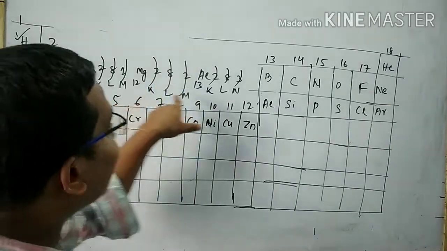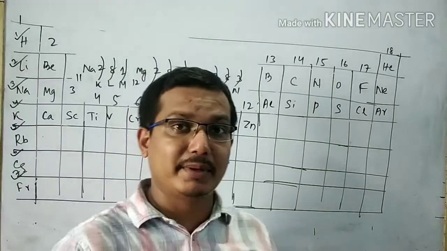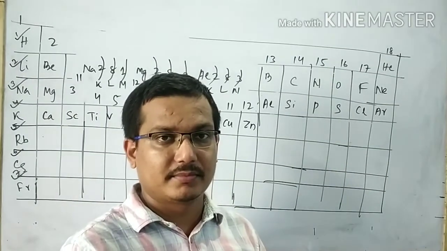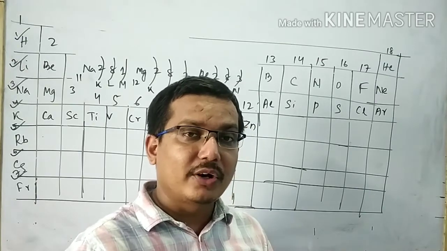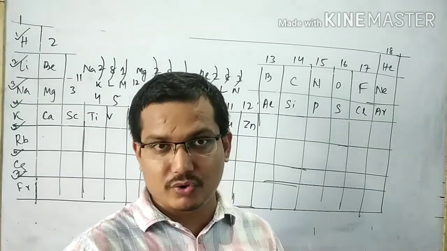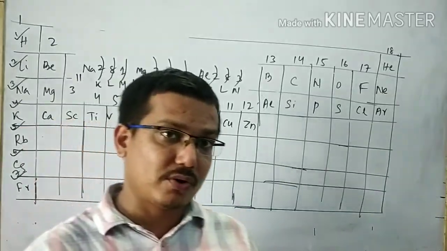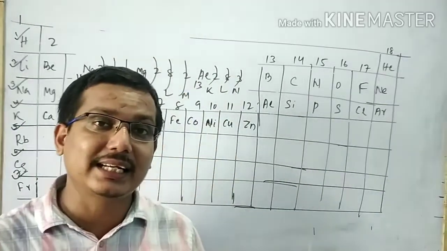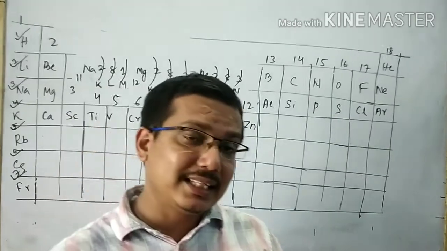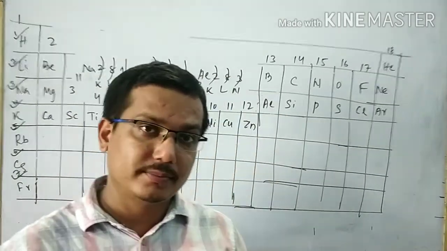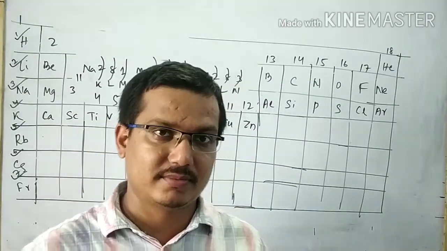Here the M shell remains constant. That means the valency shell remains constant. But there is an increase in the number of electrons. If there is an increase in the number of electrons, that means there is an increase in the number of protons. If there is an increase in the number of protons, there is an increase in the nuclear charge.